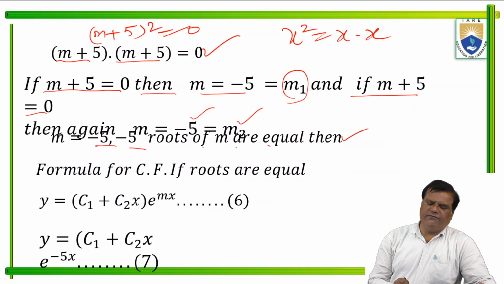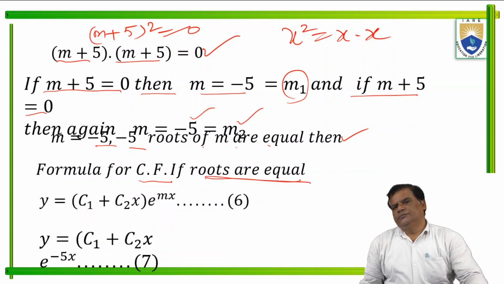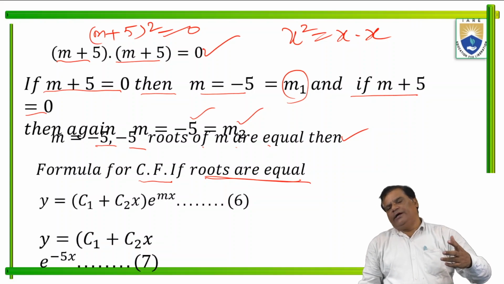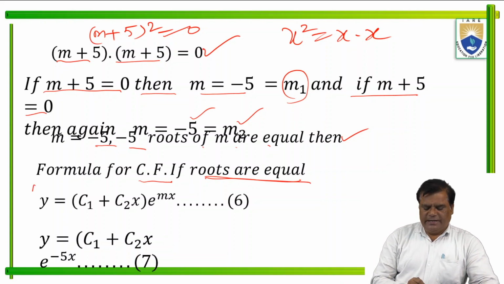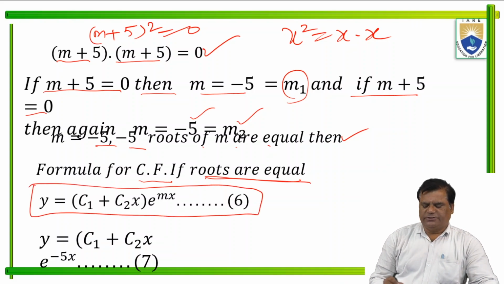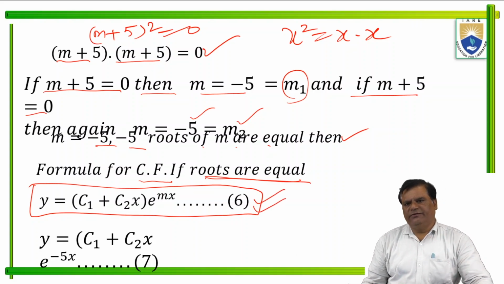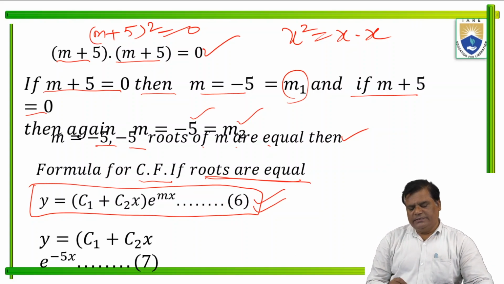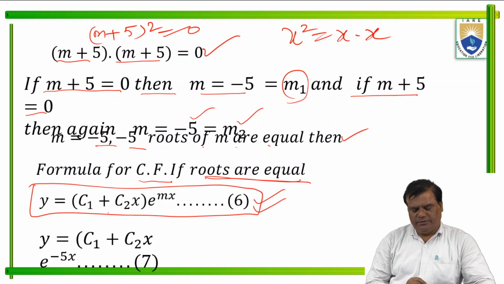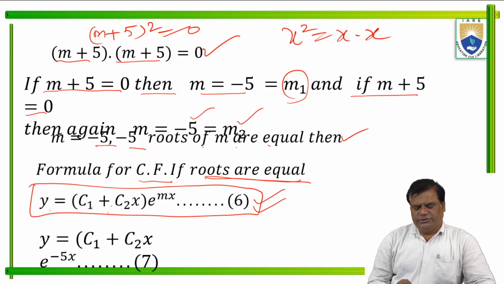If an auxiliary form has equal roots, which formula is applied in our question? Here I am writing this formula as equation number 6. This is the formula for CF when roots are equal: y equal to (C1 plus C2x) e to the power mx.